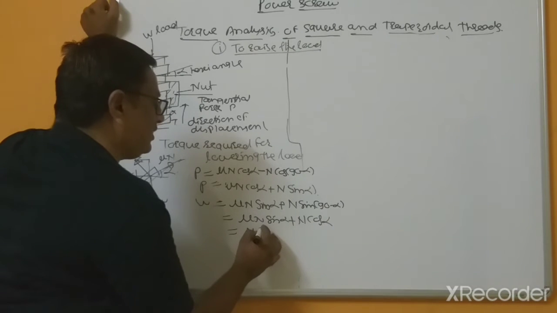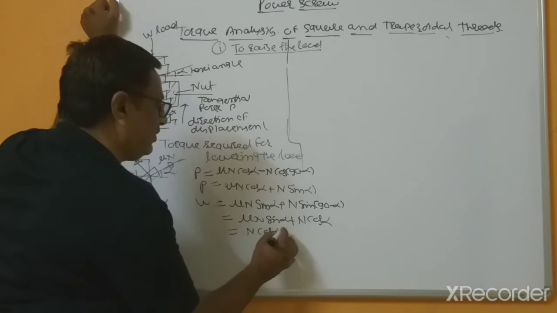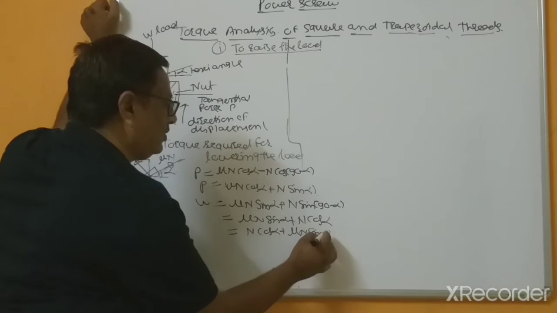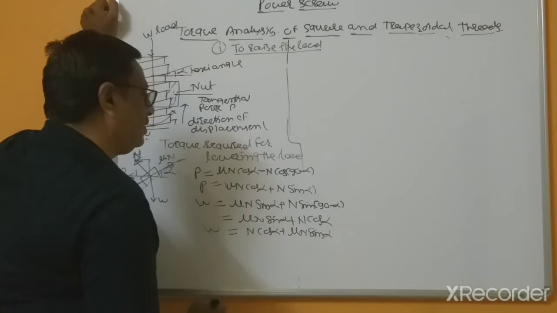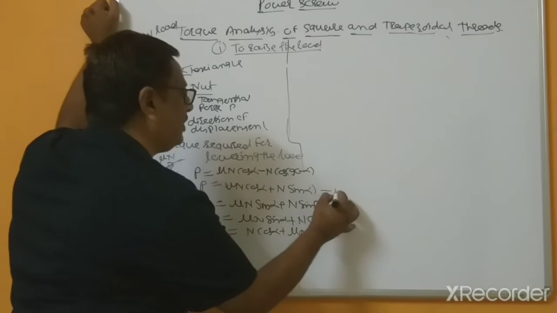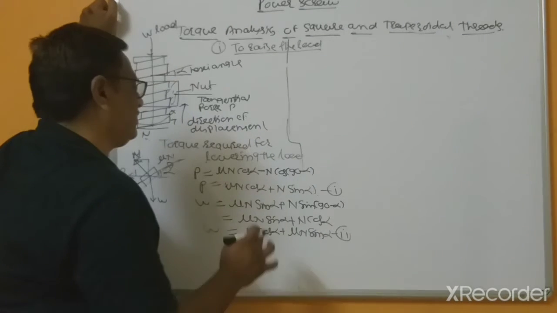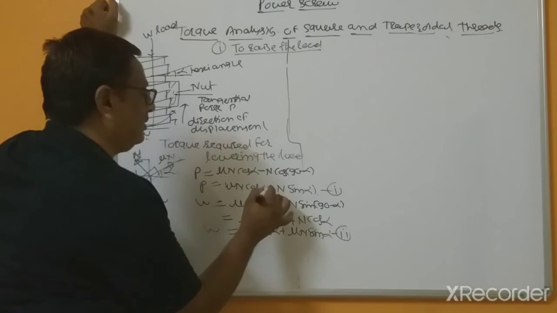We can rearrange: N cos alpha equal to mu N into sin alpha, W equal to. That's why this is the first equation and this is the second equation. Here the sign is negative.